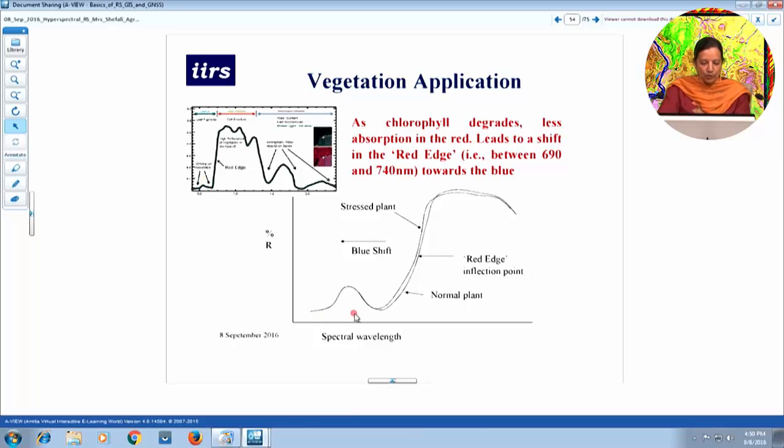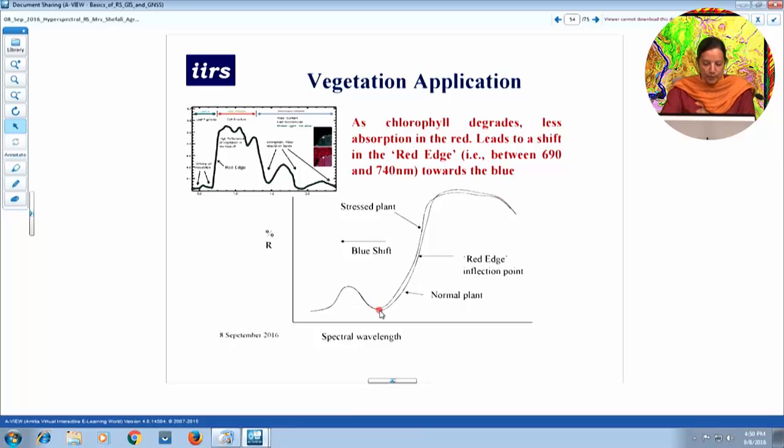So this is blue, green, red. Now after the dip in red, suddenly there is a rise in the infrared. This sudden rise is known as the red edge of the spectra.